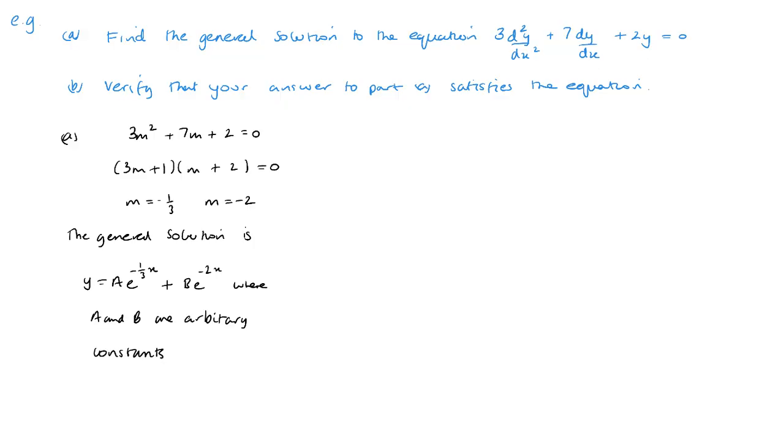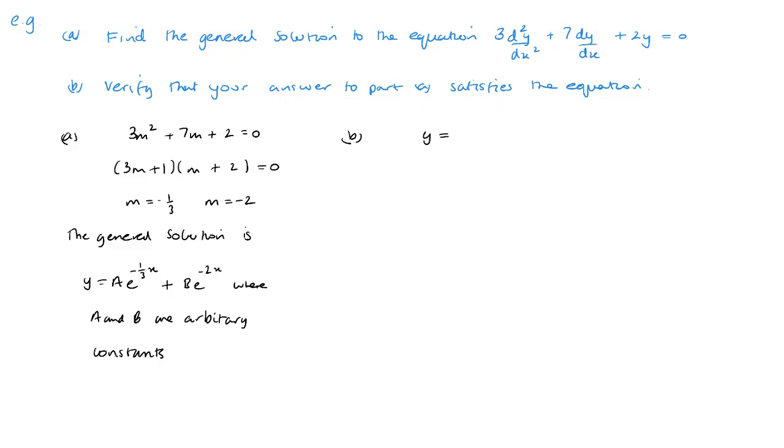That's just getting the general solution to this second order homogeneous differential equation. Bit of a mouthful, I know. Now, part B is to verify that your answer to part A satisfies the equation.